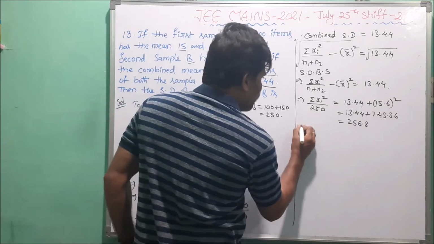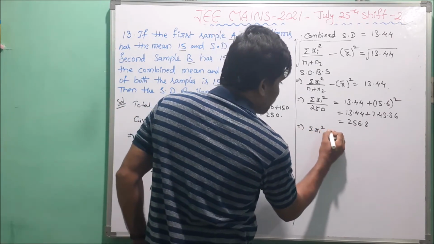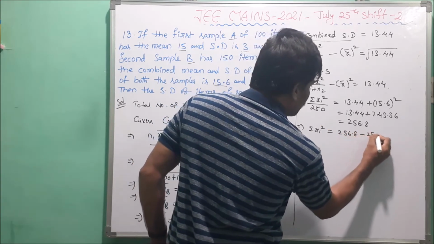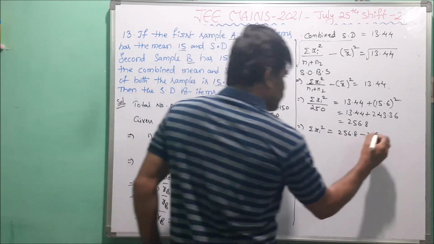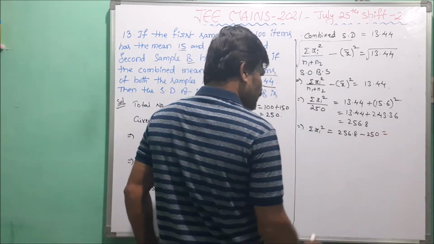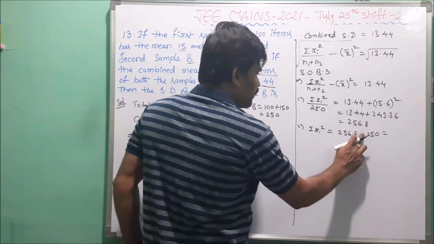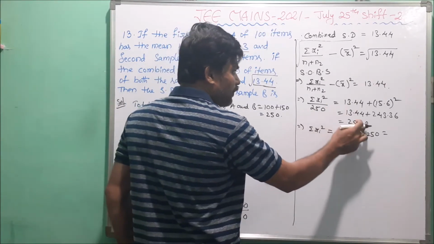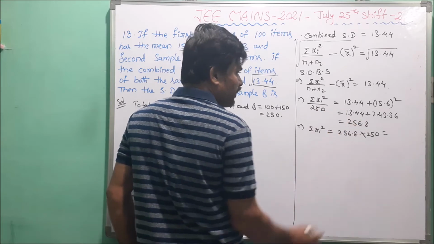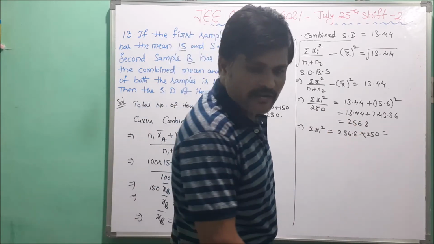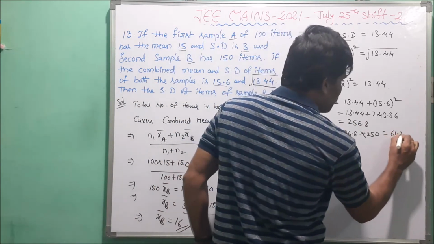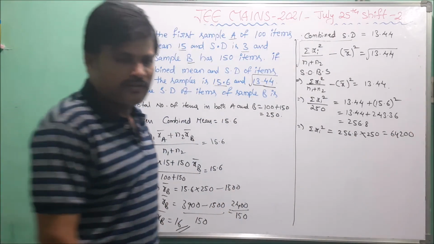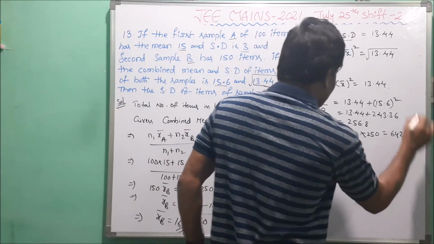Now summation xi square equals 250 multiplied by 256.8. The total value is 64,200. So this is summation xi square.